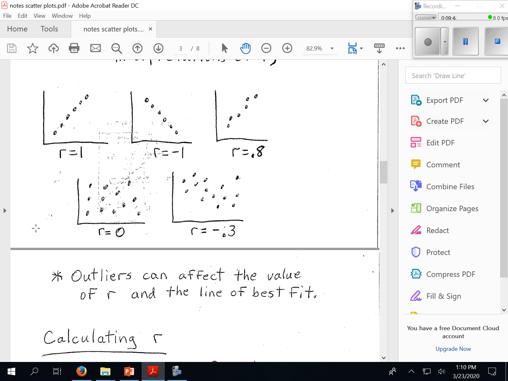If your correlation coefficient is 0.8, -0.8, then you have a high correlation.